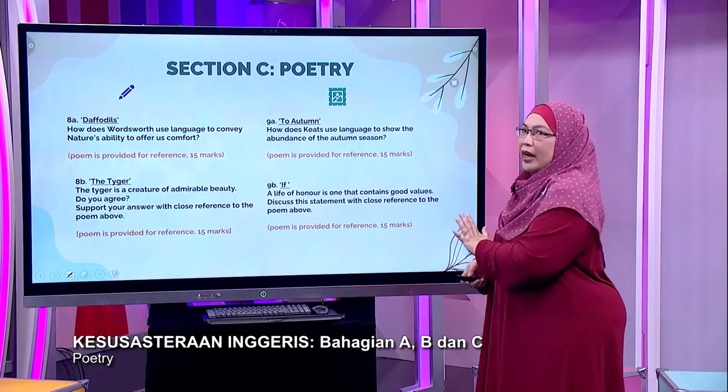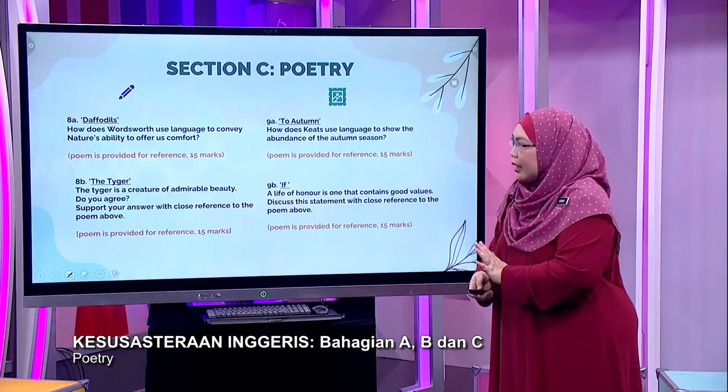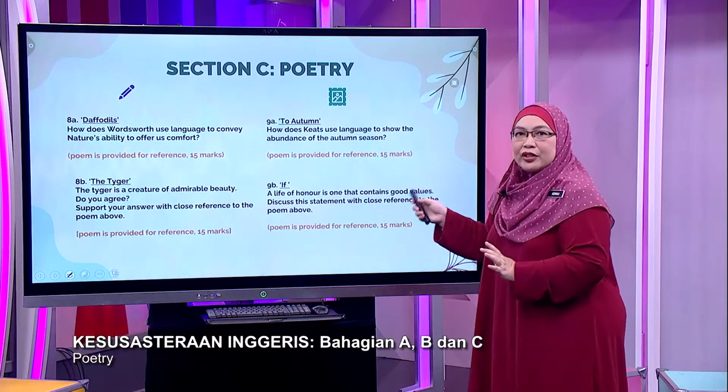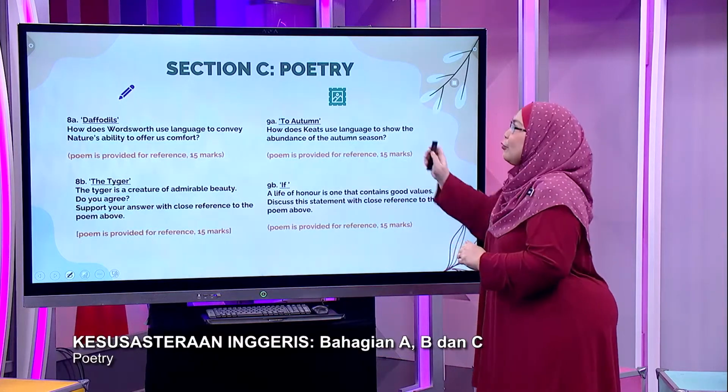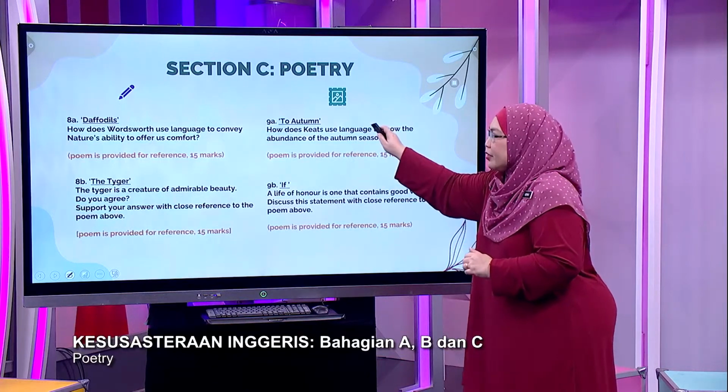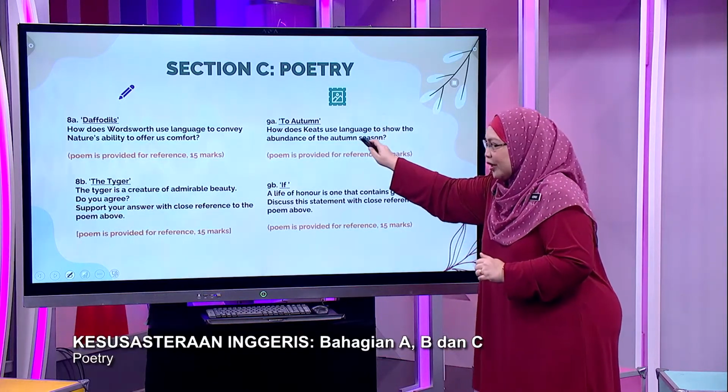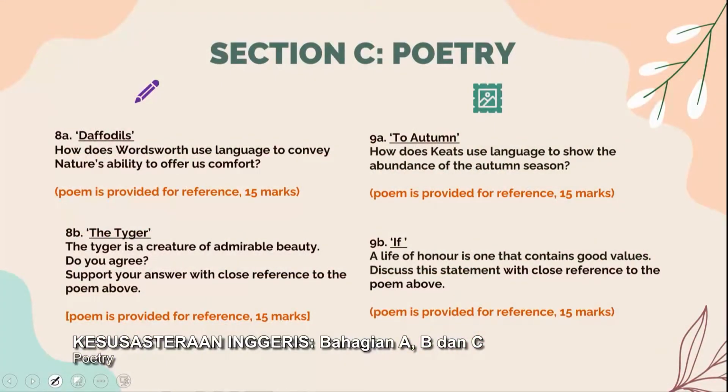But what I have for everyone to see today is a collection of 4 poems. Let's imagine, Hanif, that you've got 8A, Daffodils, by William Wordsworth, 8B, The Tiger, by William Blake. It's a William combo. And then 9A, you've got To Autumn by John Keats, and then 9B, If by Rudyard Kipling.